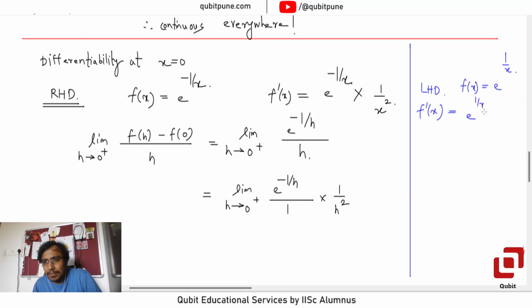E raised to 1 upon x into negative 1 upon x square.